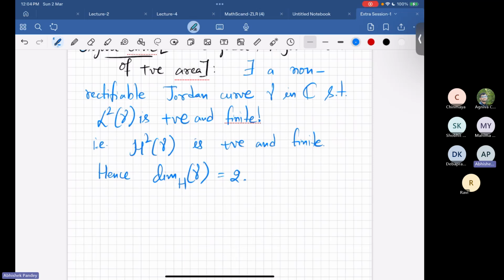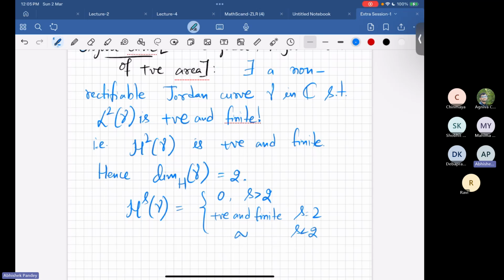It's a kind of two-dimensional curve. So H^s of gamma for this Osgood curve is positive and finite when s equals 2, and when s is less than 2, it is infinity.